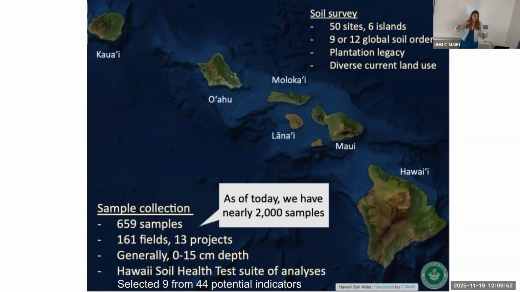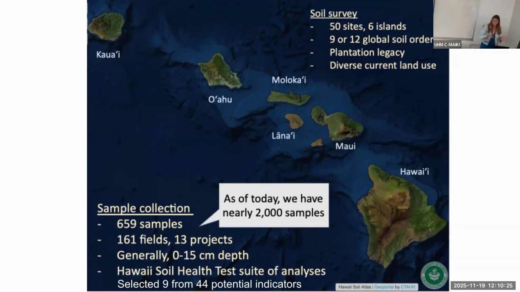The point of this is that we did a pretty large campaign to try to capture the diversity of soils, diversity of management, diversity of legacy of management, to see how soil properties range. And then from that, can we come up with an assessment of soil health, specifically to develop a soil health score that we can then use to look at impacts of management or impacts of land use.